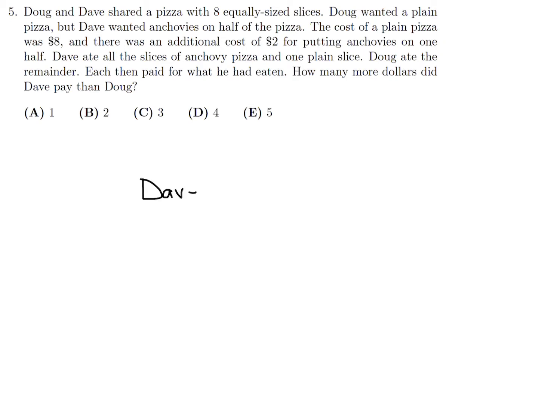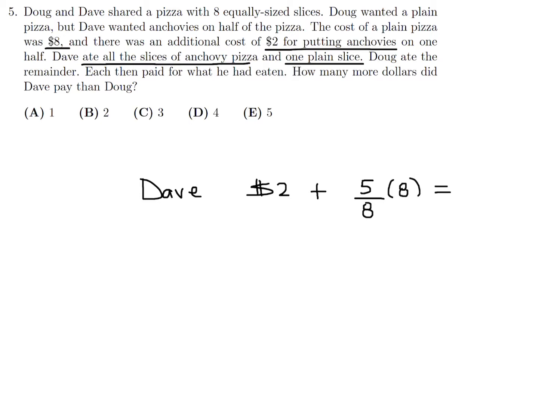Well, Dave is the one who wants the anchovies, so first he has to pay the $2 for the anchovies. And then he eats half of the pizza because he eats all the slices that have the anchovies. That's half the pizza. And he eats one additional slice. So what that means is that he ate 5 of the 8 slices. And 5 over 8 multiplied by the cost of the pizza, which is $8. So that looks like 2 plus 5, which is $7.